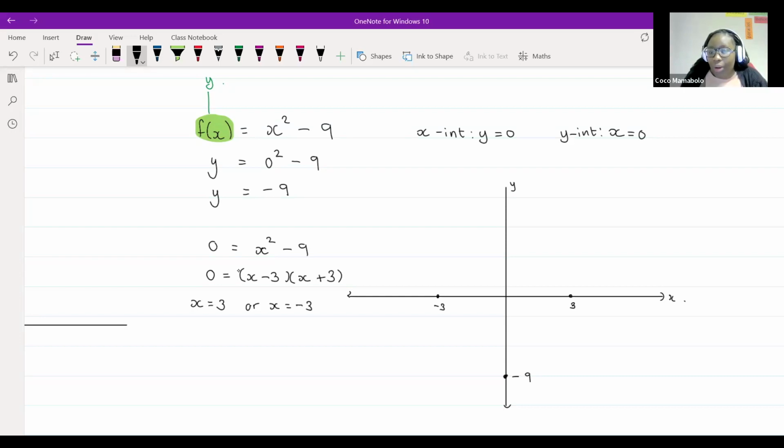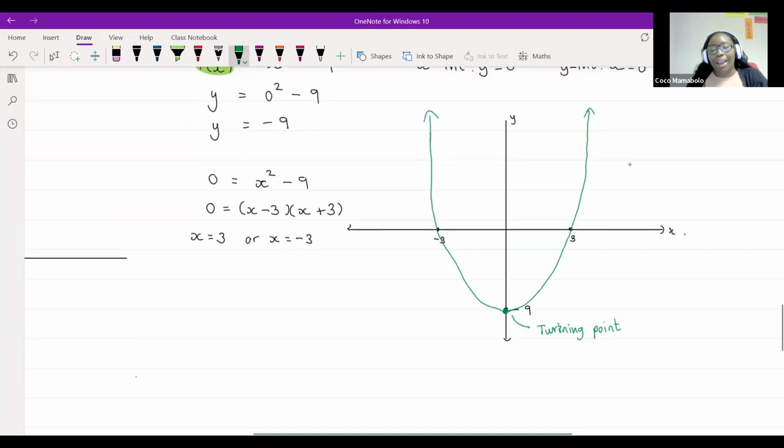Now, if we look at what we have over here, this point where my graph turns is called my turning point. What are the coordinates of my turning point, guys?